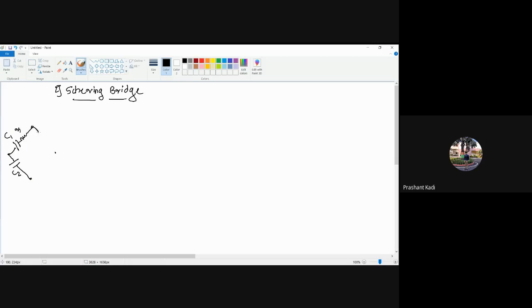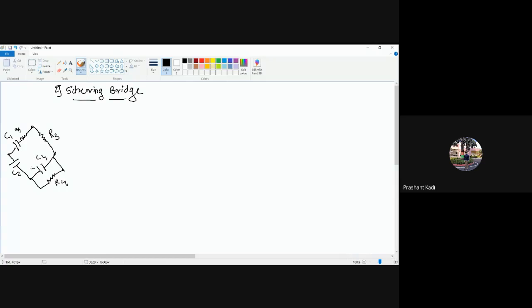In the third arm it is having only the resistance R3, and in the fourth arm, capacitor C4 is in parallel with the resistance R4.